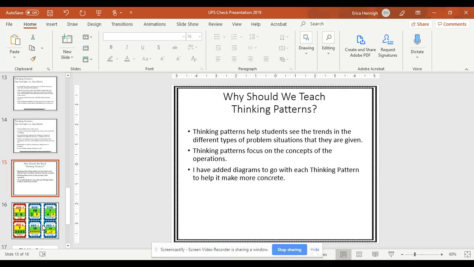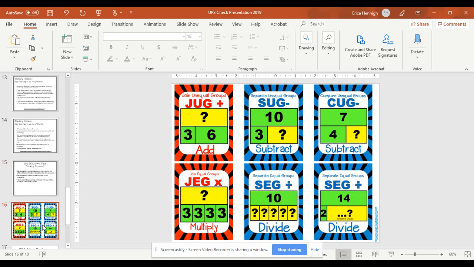Thinking patterns also help them see trends in the different types of problem situations and help them focus on those concepts that go with the different operations, whether it's adding, subtracting, multiplying, or dividing. And then I added in those diagrams, like I showed you, to go with each one.